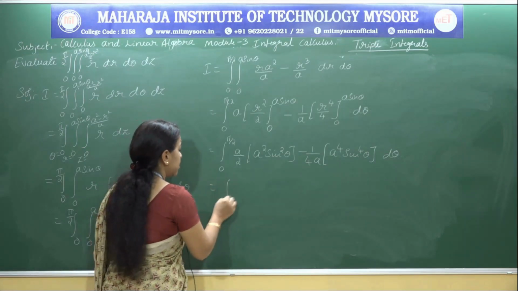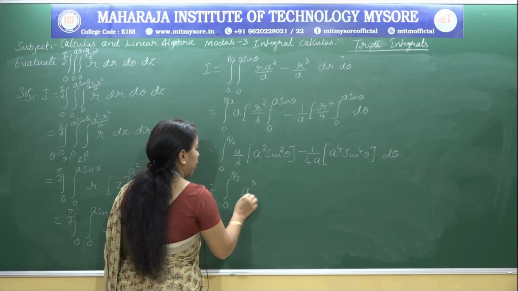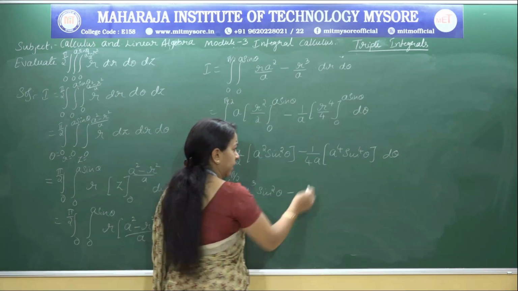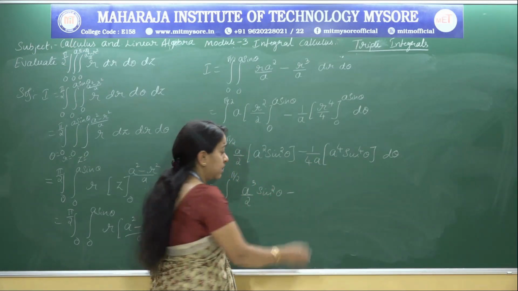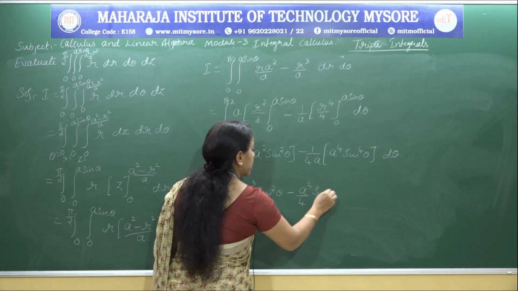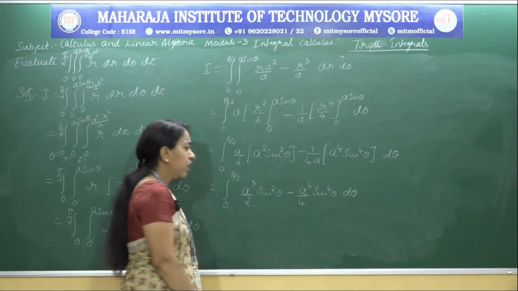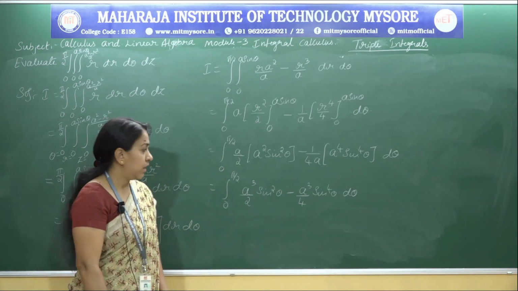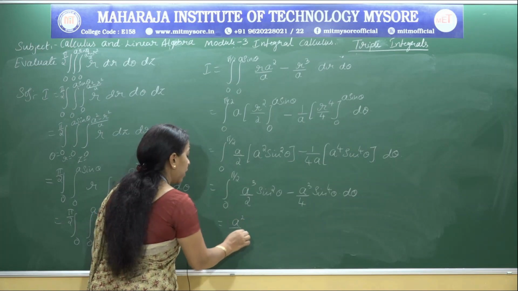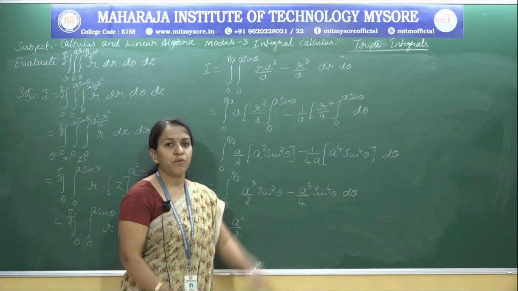So simplify this: integral 0 to pi by 2, a cube by 2 into sin square theta minus, one a gets cancelled, a cube by 4 into sine to the power of 4 theta d theta. So I can separate the integrals.